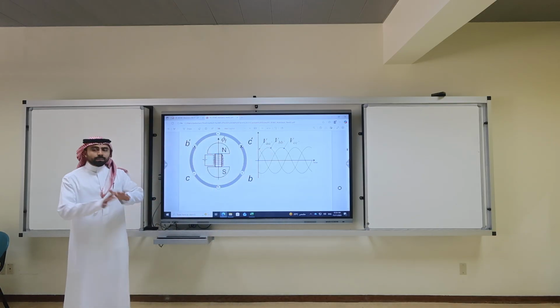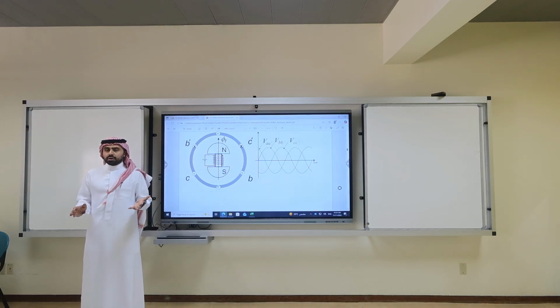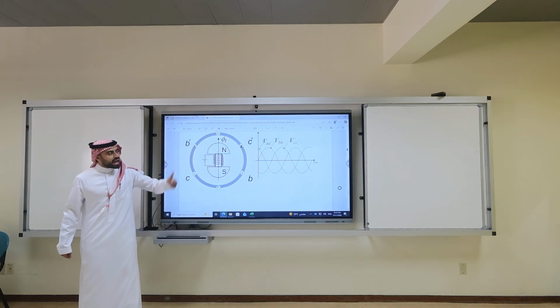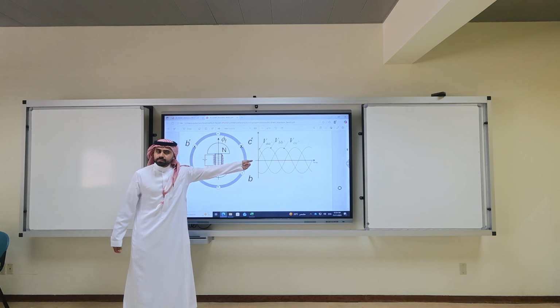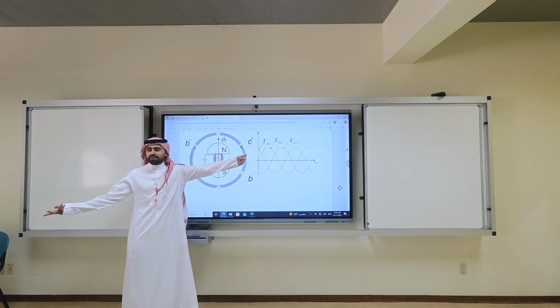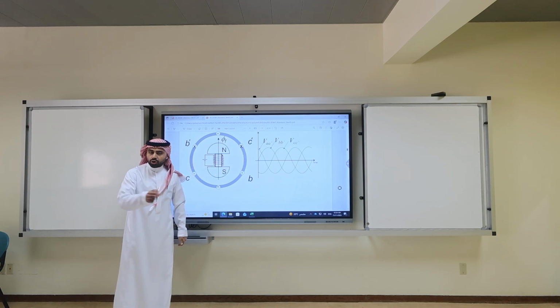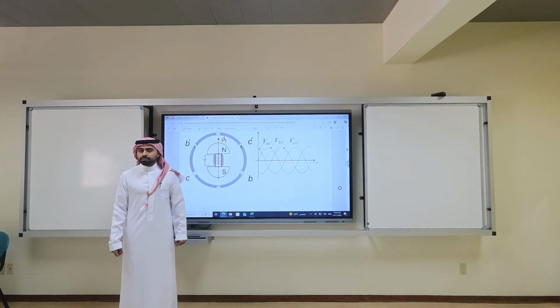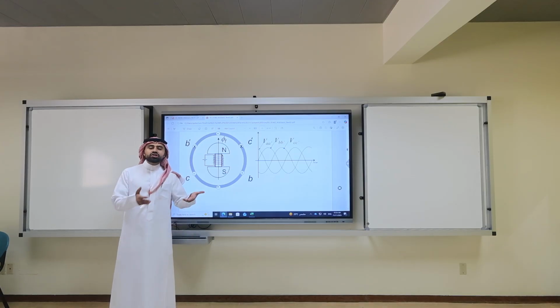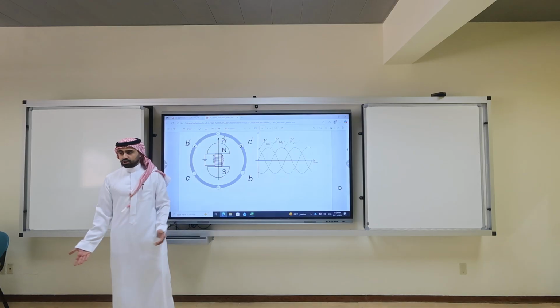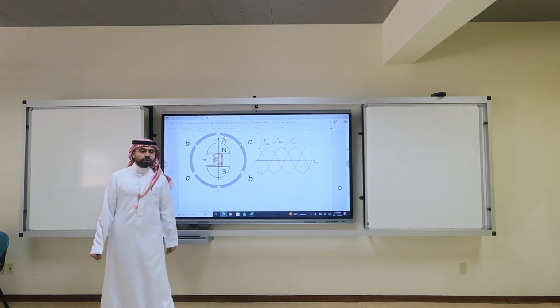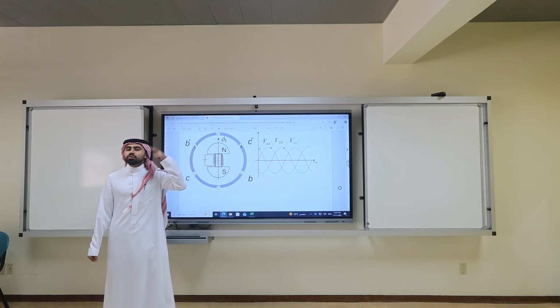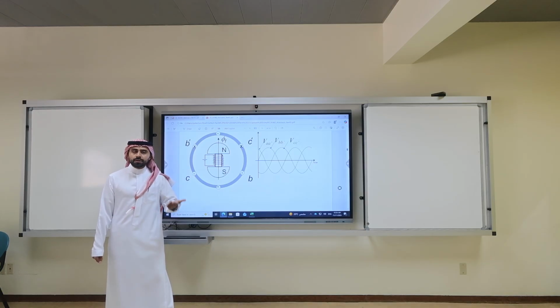If I have an open circuit, no load connected, will I have an induced voltage? Yes, similar to V Thevenin. If I connect a load, will the current flow? Yes. If the generator is not connected to a load, will I have a current flowing? No. Similar to V Thevenin, I open circuit. What is I open circuit?